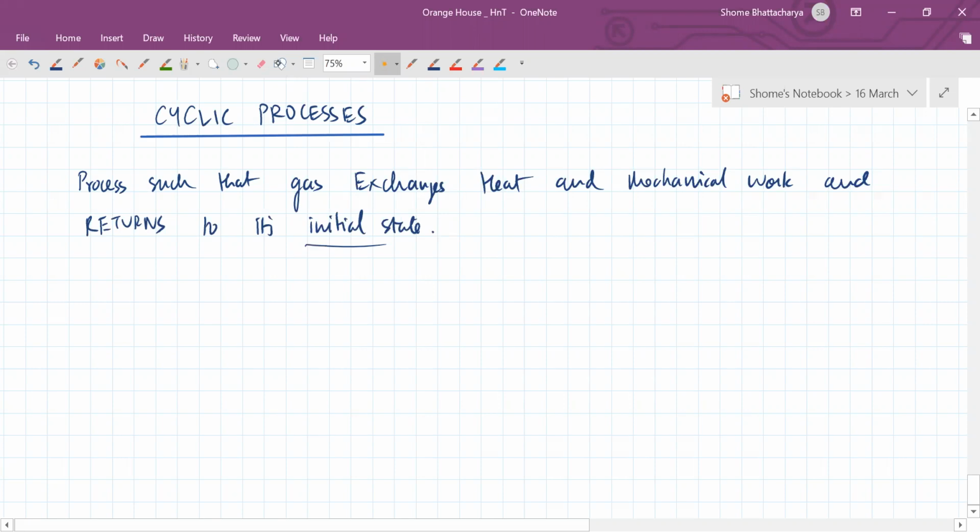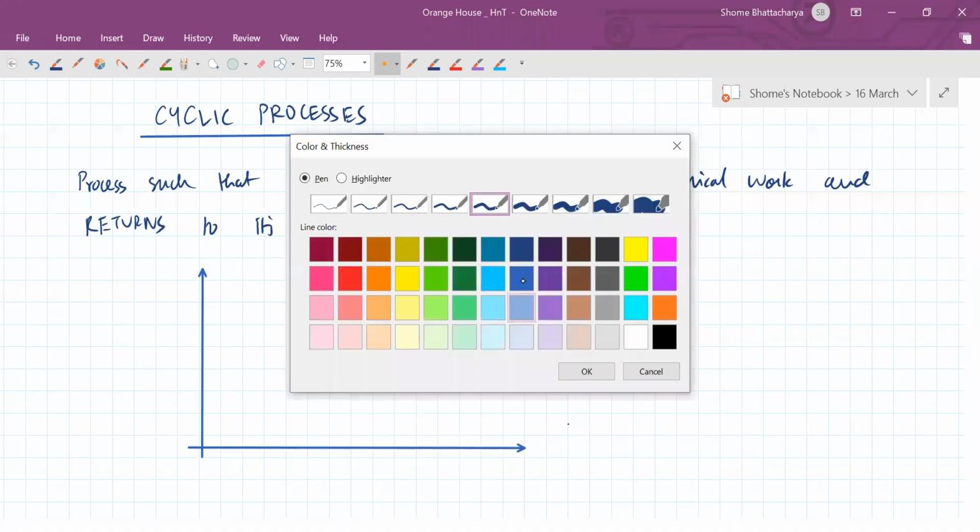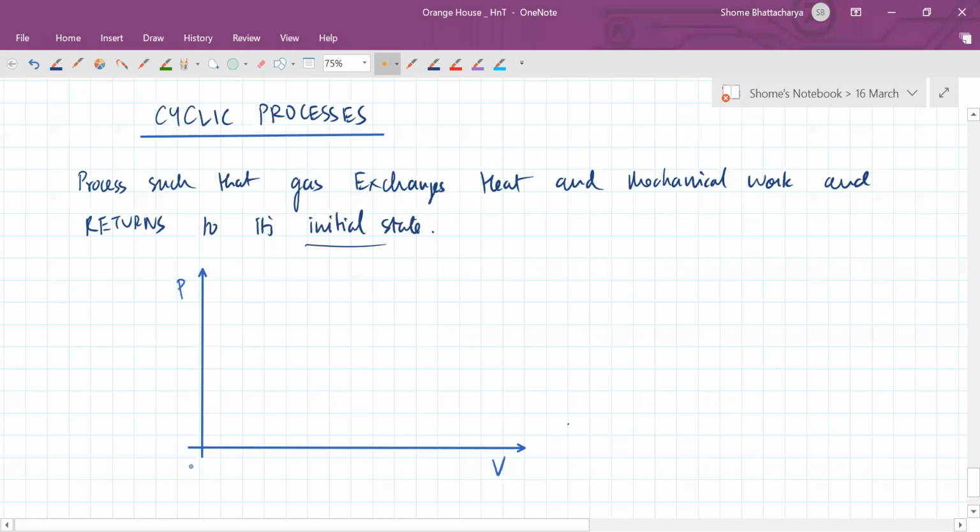As the name suggests, the term cyclic process comes from the fact that on the PV graph, the gas will look like a closed cycle. It will look like a closed loop.